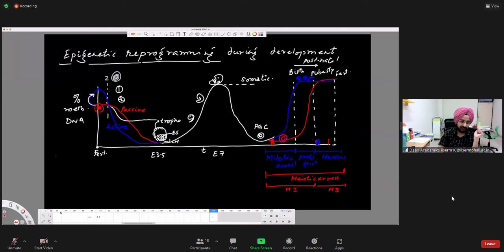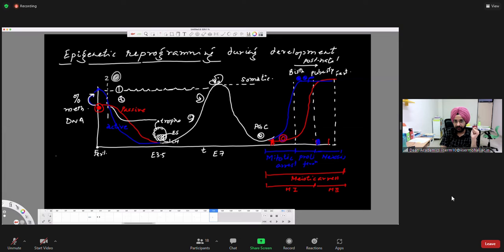And so if I now plot the trajectory of DNA methylation of imprinted regions, it will be like this. It will not get demethylated during development. Why? Let me put it in a different way. This is a schematic dotted line.